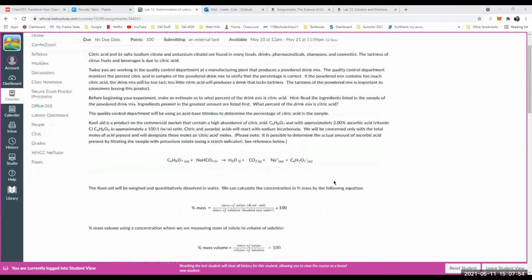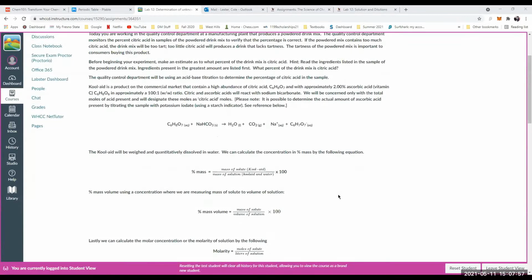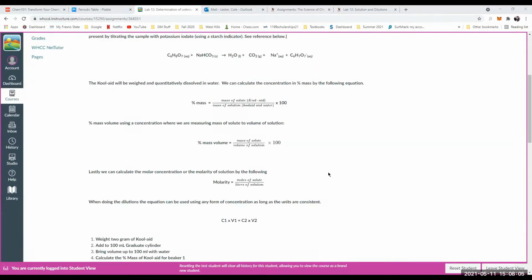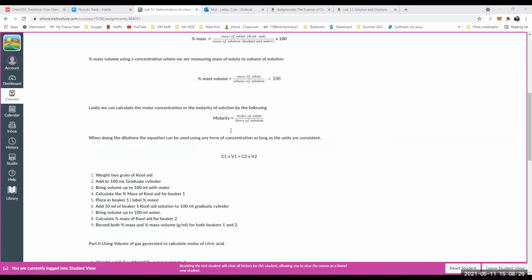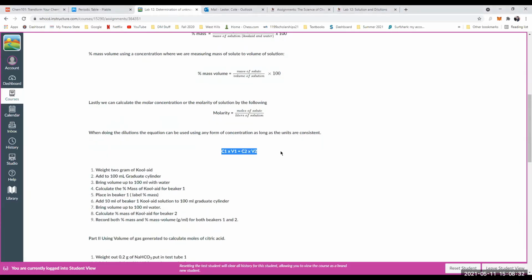Okay. So essentially what we're doing for this lab is we're making different solutions and we're going to try to calculate the concentration of each of the solutions, because as long as they're the same compounds in both, so in this case Kool-Aid and water, if we know one concentration and one volume, and we know another volume but not the concentration of that second one, we can calculate it using this lovely equation.